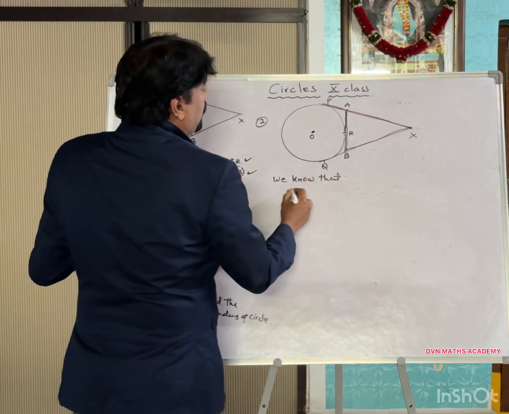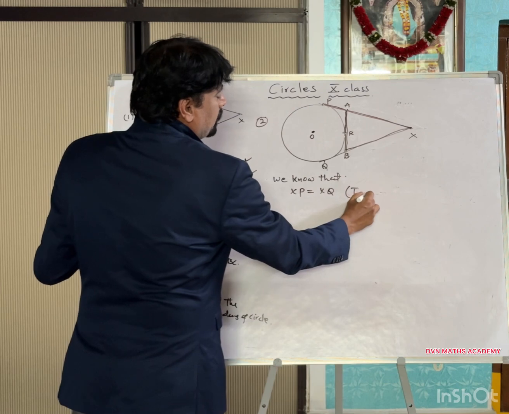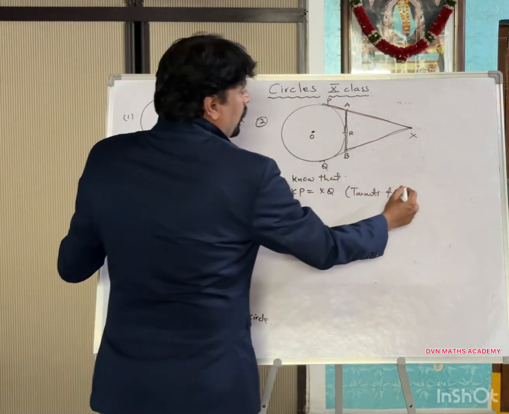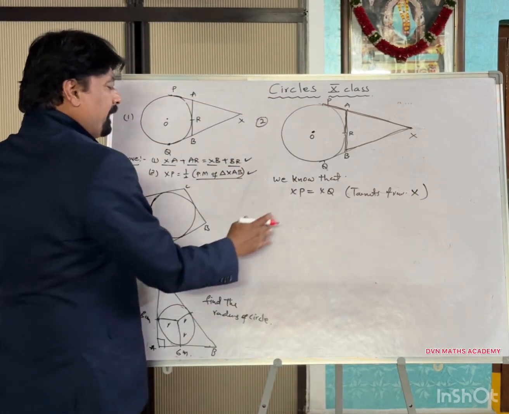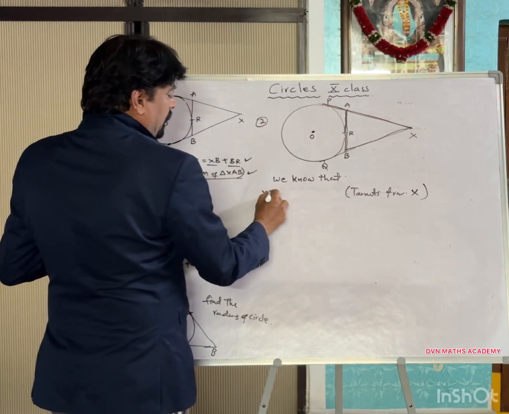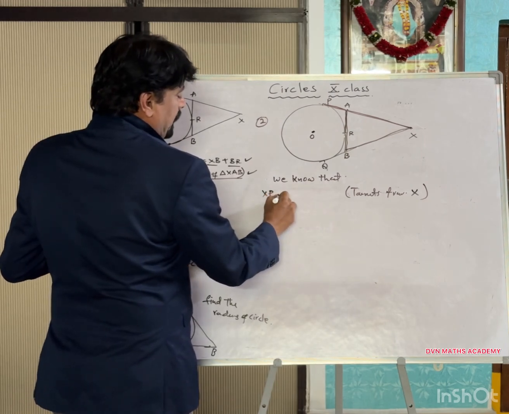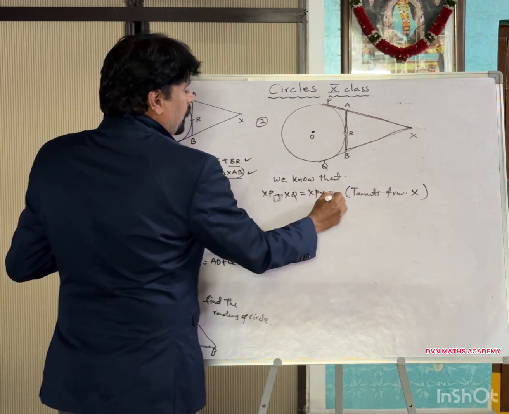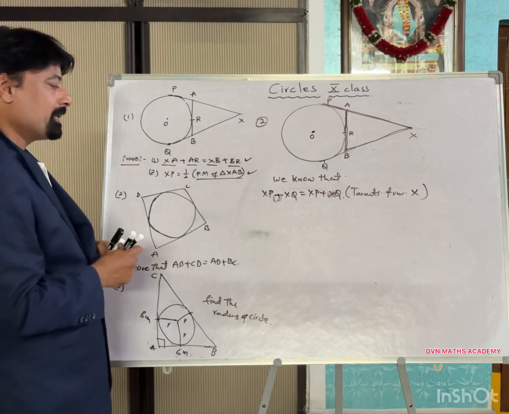XP is equal to XQ, because tangents from X. Or we can write in a simpler way, XP plus XQ is equal to XP plus XQ.